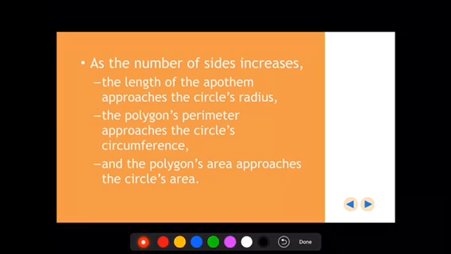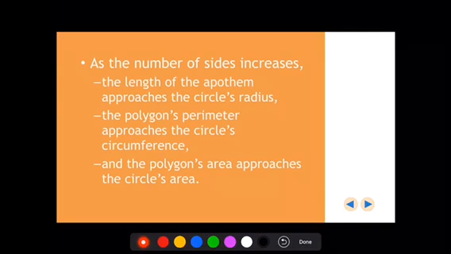So in those pictures on the previous slide, if you keep getting bigger polygons with more sides, as you approach an infinite amount of sides, you're going to end up with a circle, and the radius is going to be equal to the length of the apothem once you make it to a circle. The second statement here: a polygon's perimeter approaches the circle's circumference.